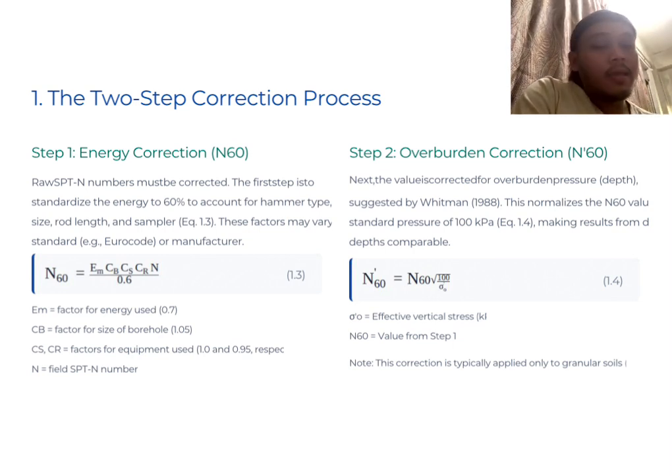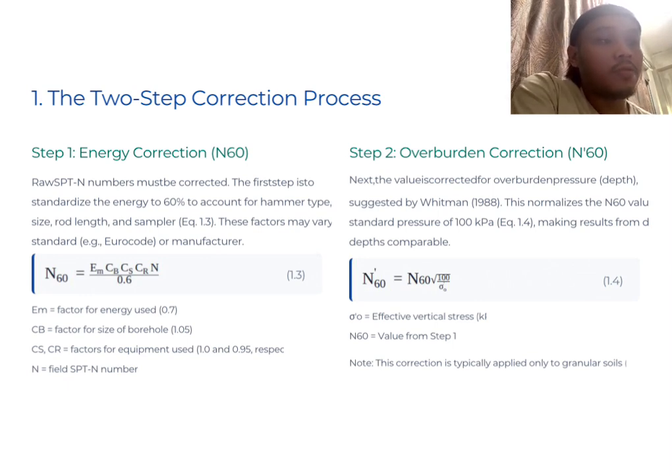The formula that we use is N60 equal to EM times CB times CS times CR times N over 0.6. This produces a normalized N value independent of equipment difference.